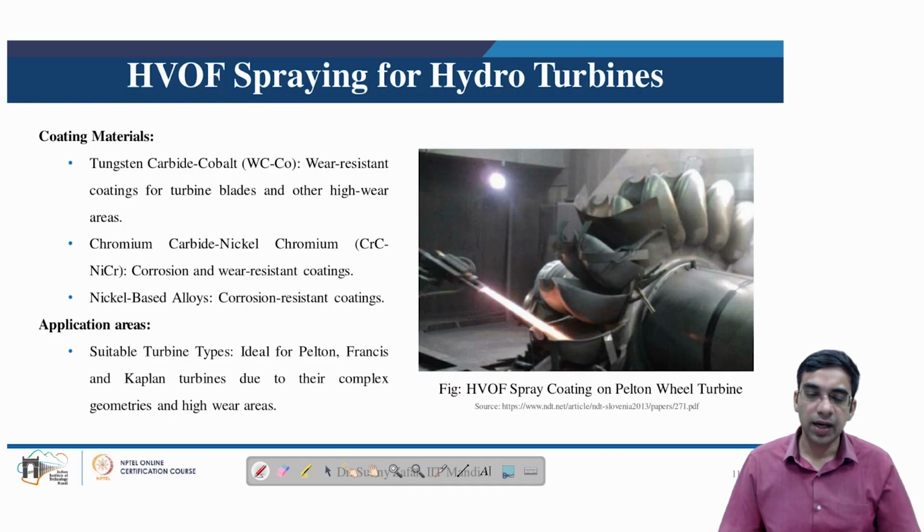Sometimes nickel based alloys may also be deposited, as they are well known for corrosion resistant coatings. By varying the coating material, the parameters of the HVOF process, or any thermal spray process, need to be optimized for effectively depositing the coating with appropriate properties.